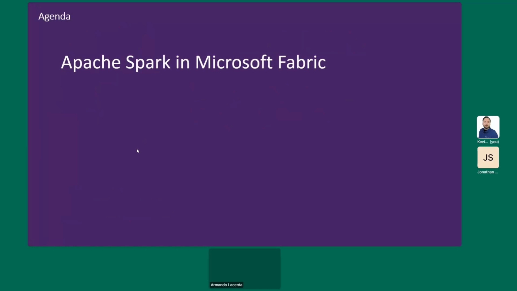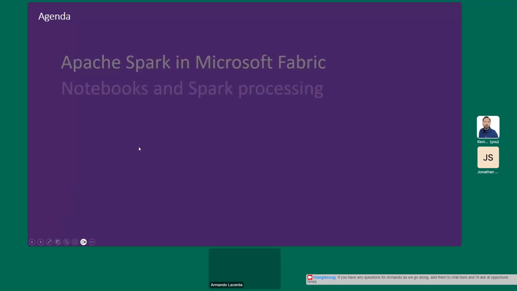All right. So the agenda will be pretty much three topics. Apache Spark, which is an open source project implemented inside a Microsoft environment, in this particular case, Microsoft Fabric. It does exist in other environments like Synapse Analytics, which is the predecessor of Microsoft Fabric. We will see the connection between notebooks that have our code to be executed on the Spark platform, and the elements surrounding that and the options in there, with demos all along.